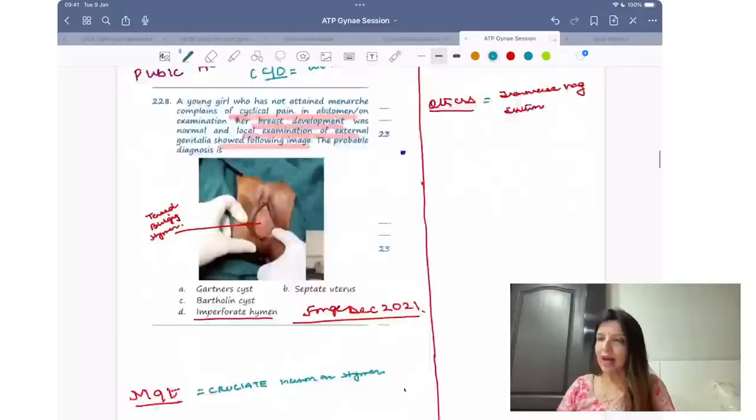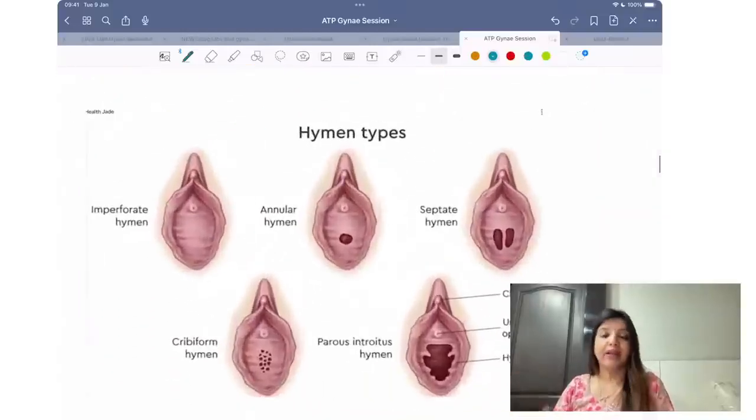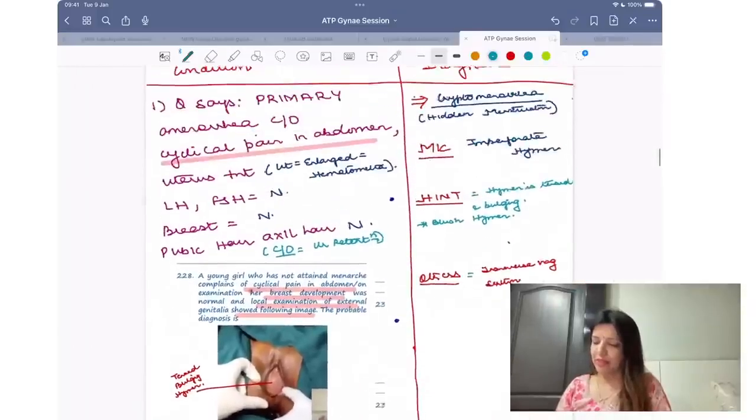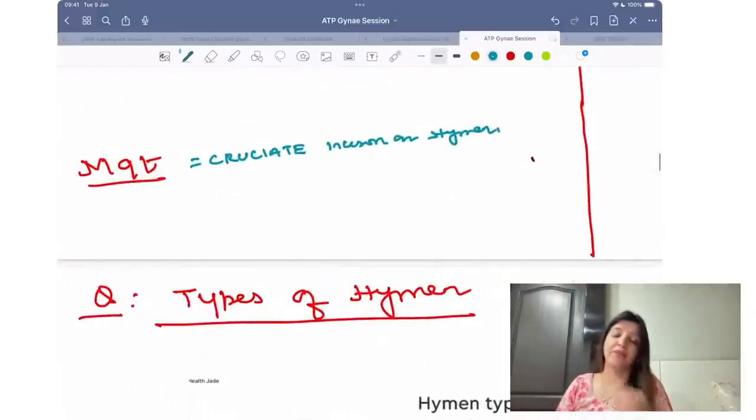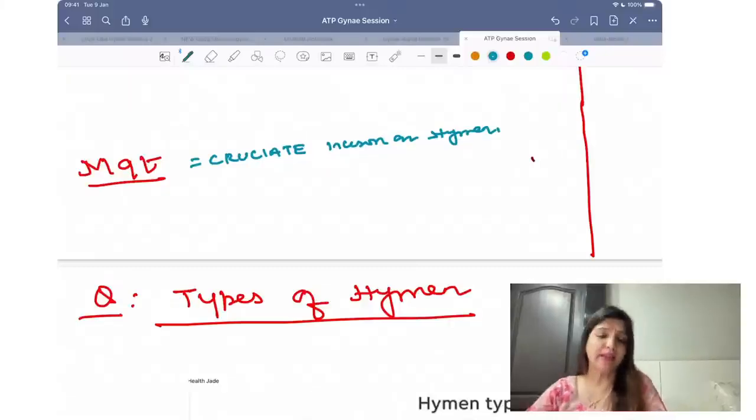Okay. Now they have started showing you images of hymen also. If you are a NEET PG student and they ask you that on clinical examination how to differentiate between imperforate hymen and transverse vaginal septum, then please remember in imperforate hymen cough impulse is present.